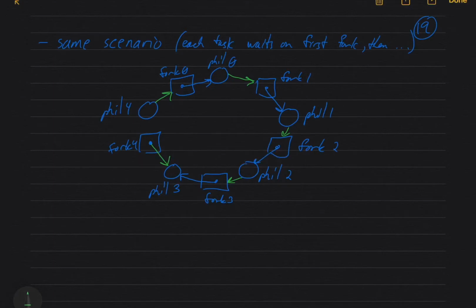So philosopher 3 is able to proceed, and when philosopher 3 is done, it's going to release forks 3 and 4. So then that would in turn allow philosopher 2 to finish, and so on, and eventually philosopher 4 would be able to acquire fork 0.